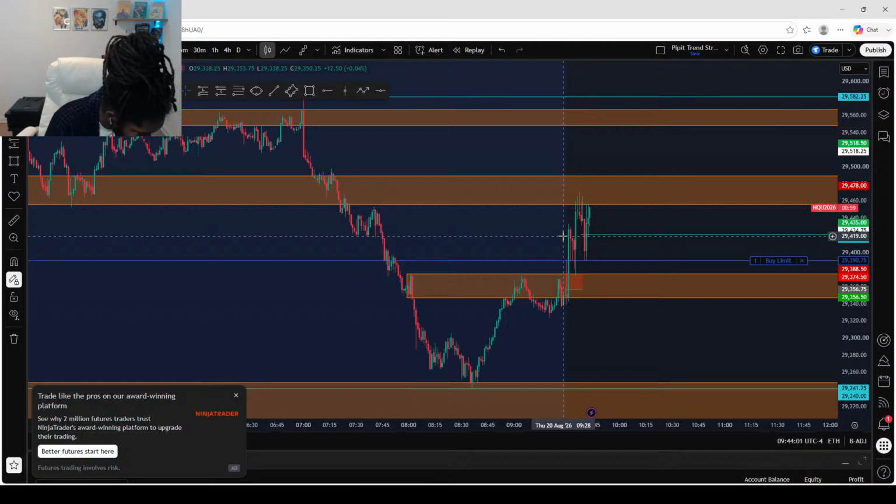We're gonna get another, trying to get another sell in at 455. It's kind of choppy right now. I can't really get a good entry.